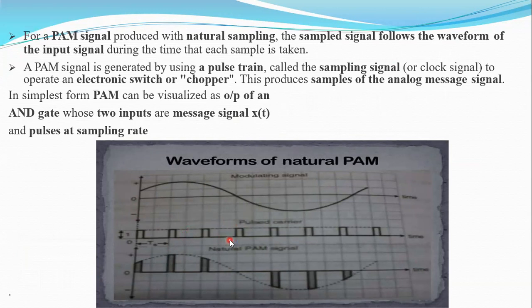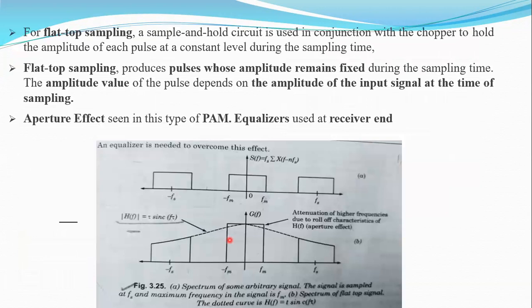So this is about pulse amplitude modulation. In pulse amplitude modulation, we have the aperture effect, and equalizers are used at the receiver end.